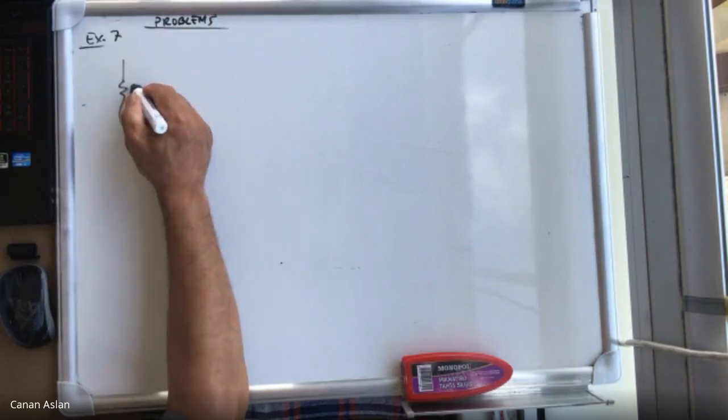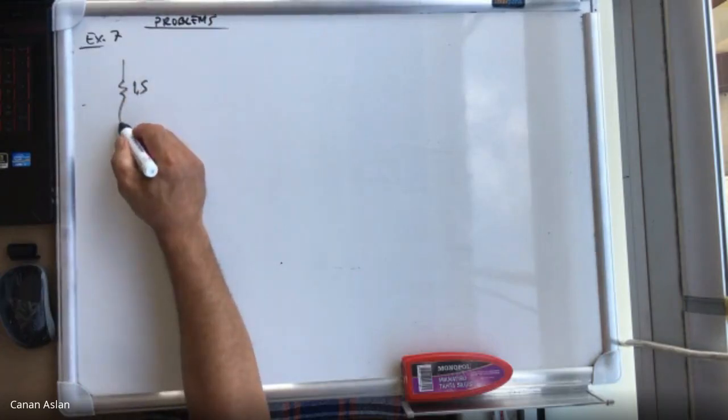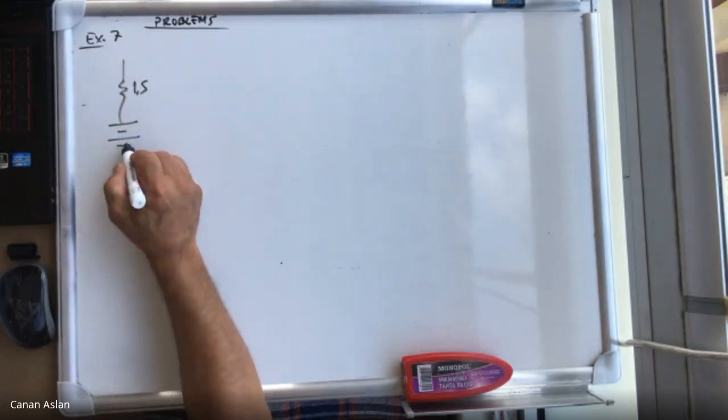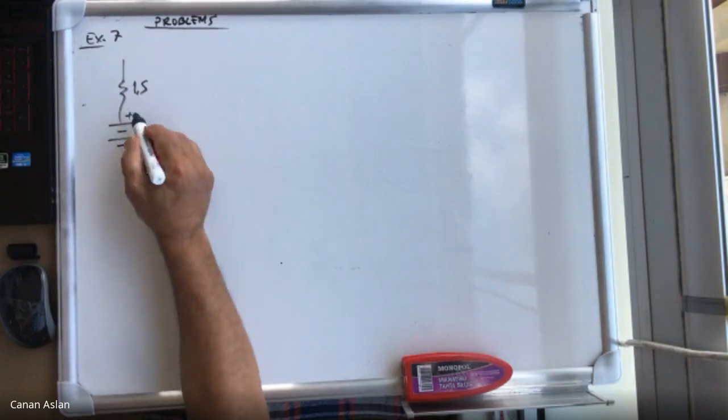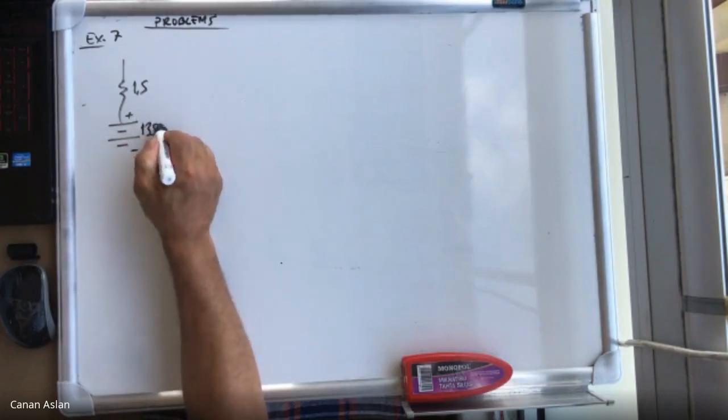So this is 1.5 ohms resistance connected to plus and minus, obviously, 135 volts.